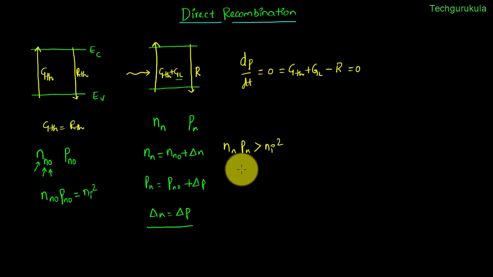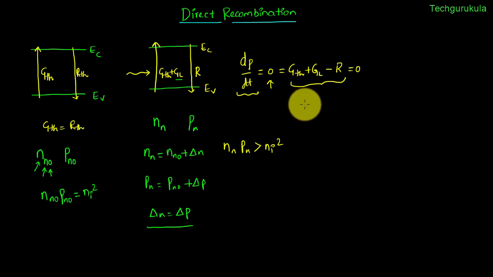If you keep the illumination like that, the semiconductor would reach a steady state where the carrier concentration in the conduction band and in the valence band would not change with time anymore. In that case, the rate of increase of carrier concentration with respect to time would be 0, which means the generation rate should be equal to the recombination rate in equilibrium condition.